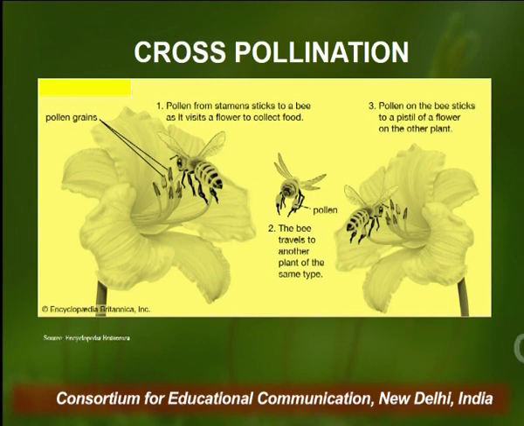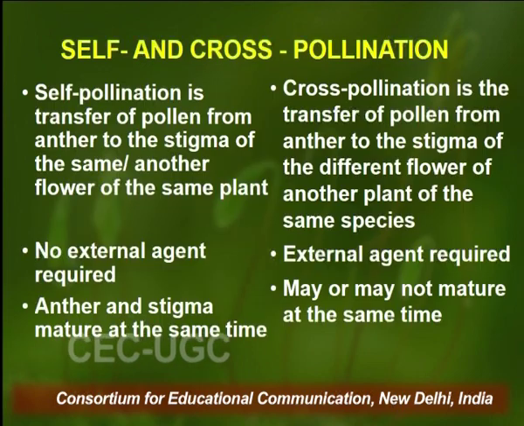Now when this bee visits another flower for still more food, then just as a matter of chance it can transfer these pollen onto the stigma, and this leads to pollination. So, whenever there is pollination with the involvement of any agency, it is called cross pollination.